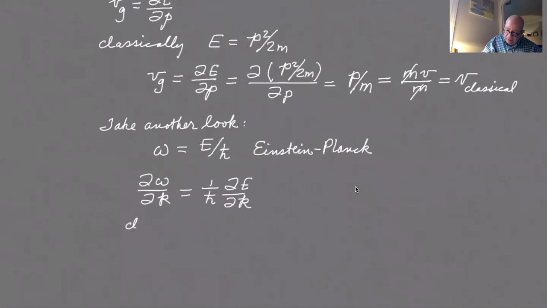And then classically we have E is equal to p squared over 2m.